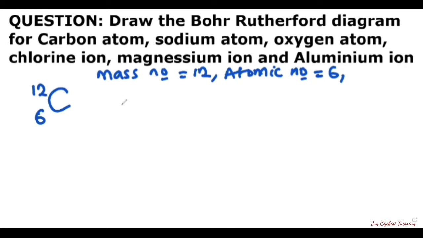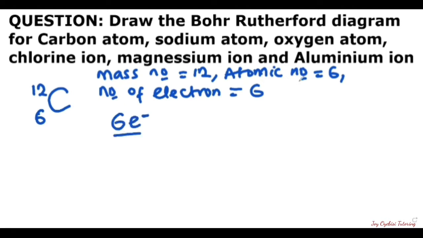So we have number of electrons equals 6, and we can denote this by writing 6 electrons. Then number of protons, we can also write it as P plus. This is how we denote protons.